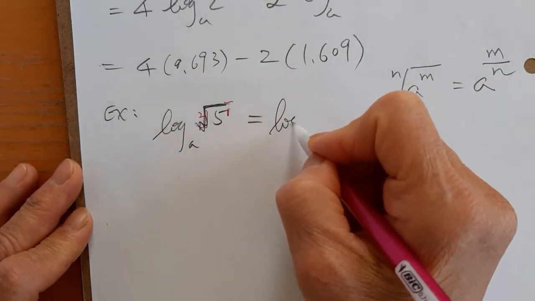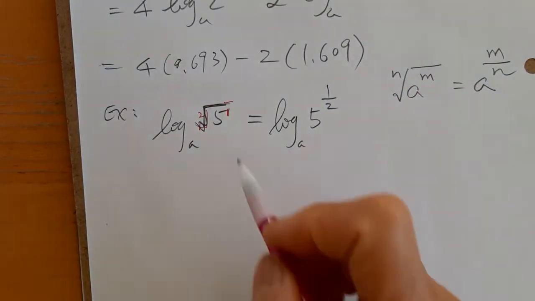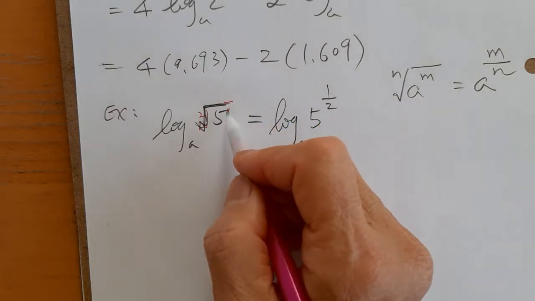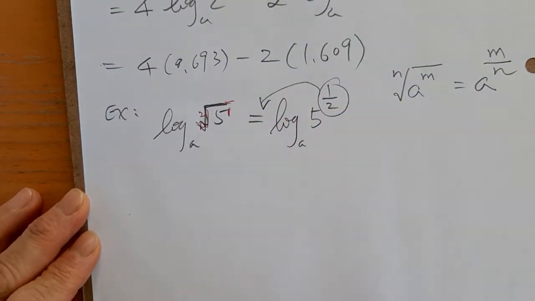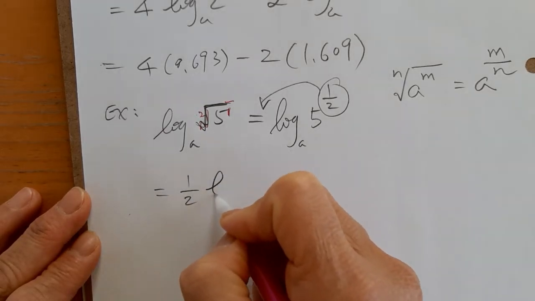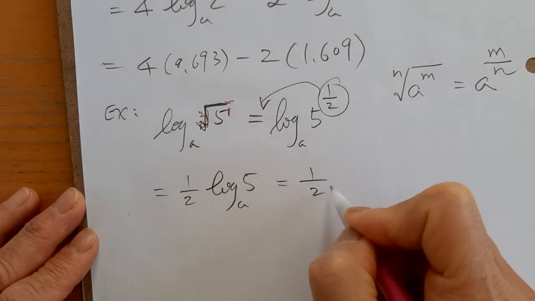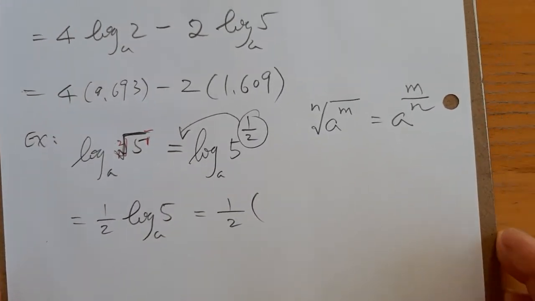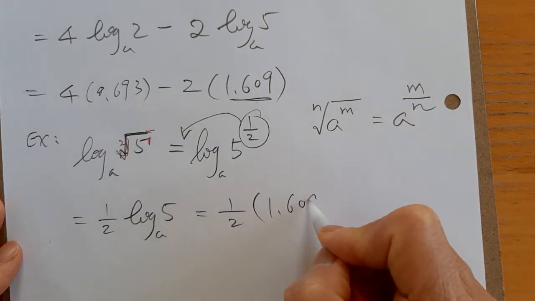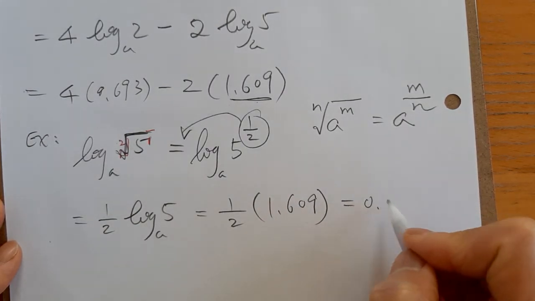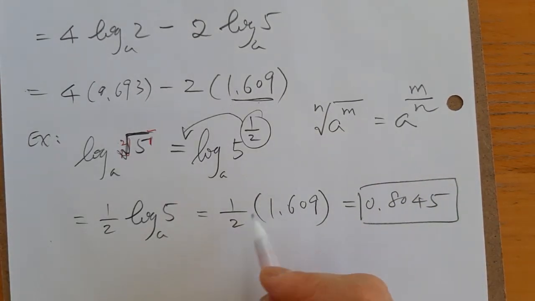So you can change it to 5 to the power 1 over 2. M is 1, n is 2. Then use the power rule. The exponent comes down: 1 over 2 log 5. You get 1 over 2 times the log of 5, given as 1.609. Divide this by 2 and you get 0.8045.